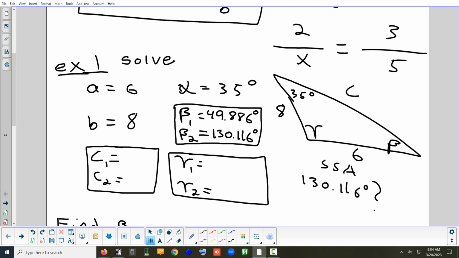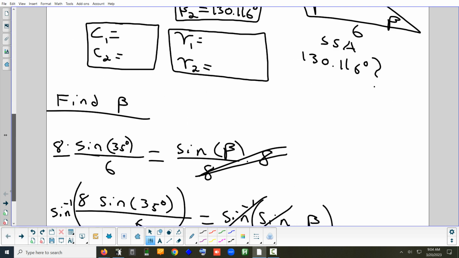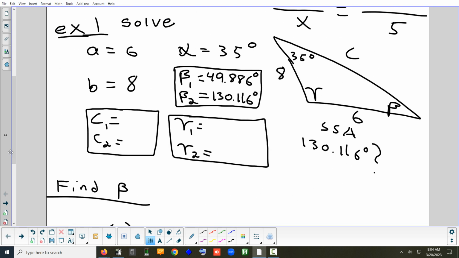In the red problem, we have an alpha, we have a beta 1, and we have a gamma 1. Those are the 3 angles in the red problem. These are the 3 sides in the red problem. A, B, and C1. In the black problem, the 3 angles are alpha, beta 2, and gamma 2.